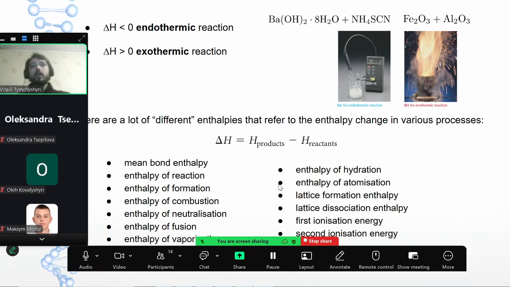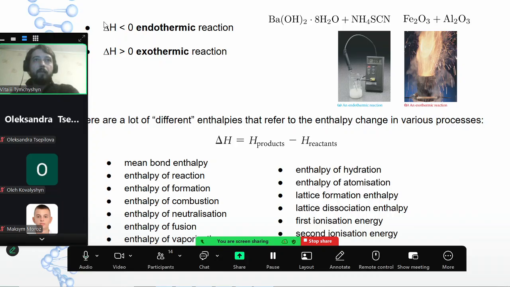Okay, why is enthalpy interesting for us, let's say, from the chemical point of view? From the physical point of view, okay, that's more or less, I guess, clear. But what about chemistry? In chemistry, by the difference in the enthalpy, we may calculate whether a reaction is endothermic or exothermic. So for the endothermic reaction, we will get delta H lower than 0.